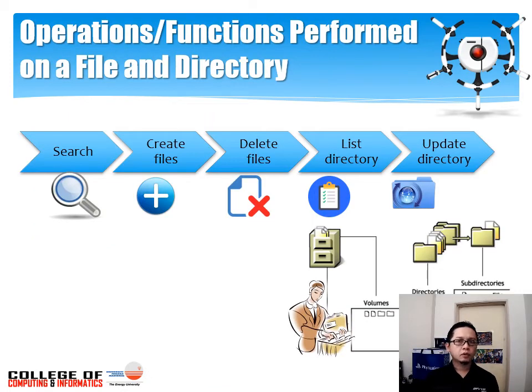So apart from other operations that can be performed on a file, when having a directory, you will also be able to search, create file, delete file, list the content of the directory, and also update the directory information. These are other functions on top of the previous functions that you can perform on a file.